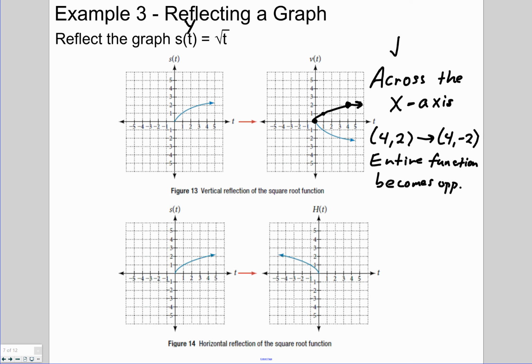It is the square root of t. So where is my negative symbol going to go to make the entire function opposite? Yesenia said it: on the outside. So this is what the new function would look like if we wanted to reflect it across the x-axis, in other words, create a vertical reflection.